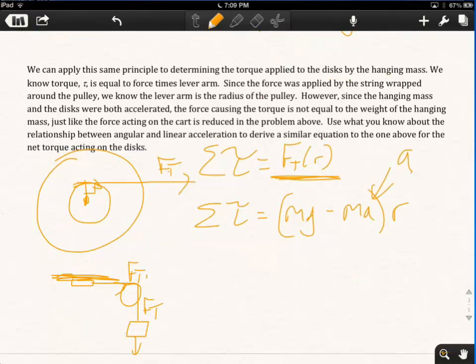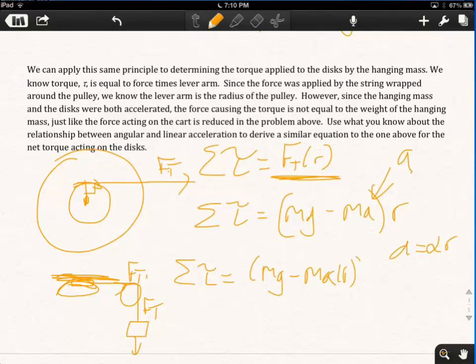We were measuring the angular acceleration of that thing. So I want to replace a with angular acceleration, but we can do that because we know a equals alpha r. So net torque, which is force times lever arm, is mg minus m alpha r, times r.